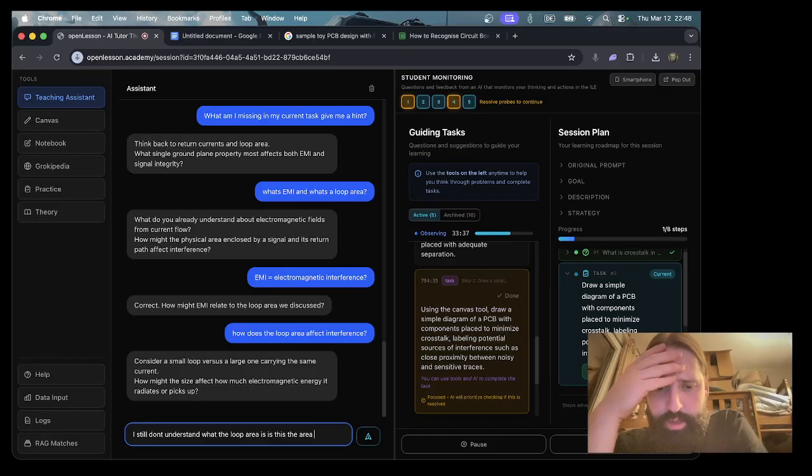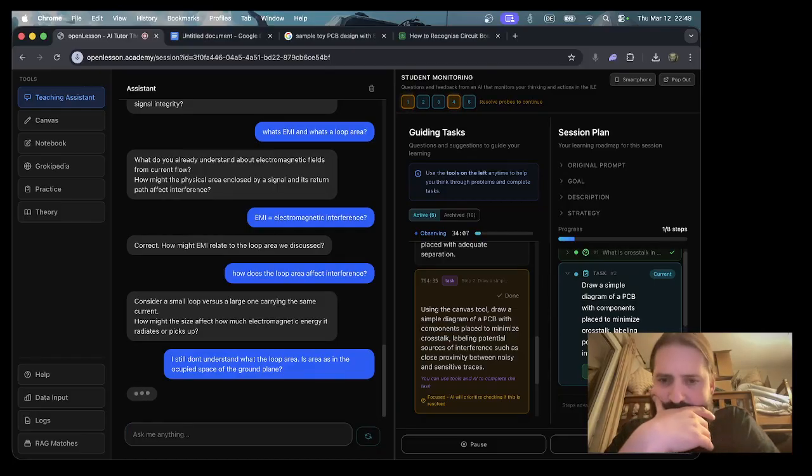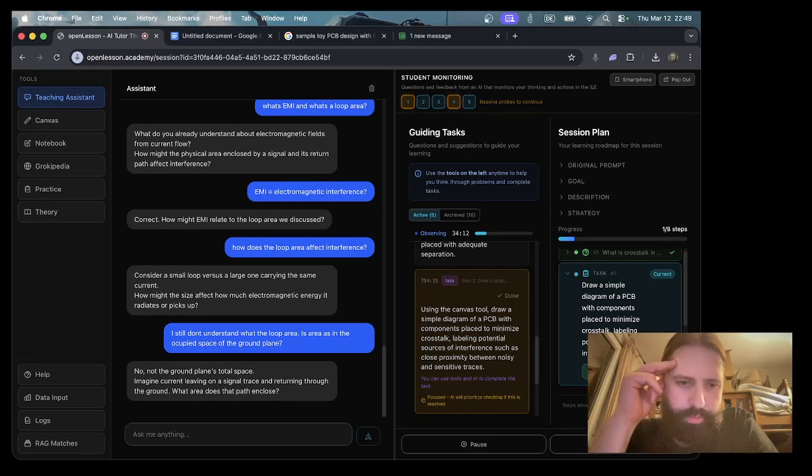Is this the area? Why area? Is area the occupied space of the ground plane? Oh. Imagine current leaving on a signal trace and returning through the ground.